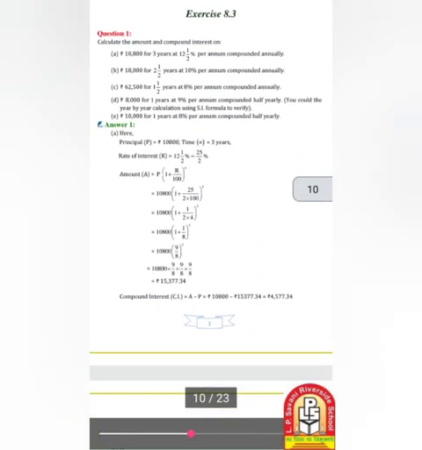Let's take the last example: 8,000 for 1 year, and here 9% per annum compounded half yearly. You could calculate year by year using the simple interest formula to verify.